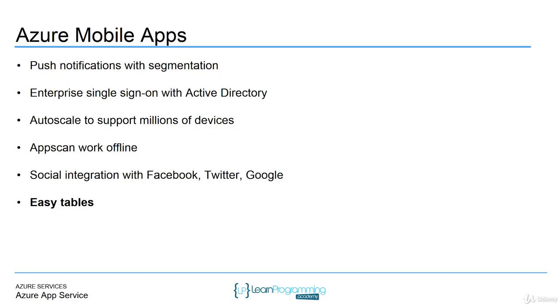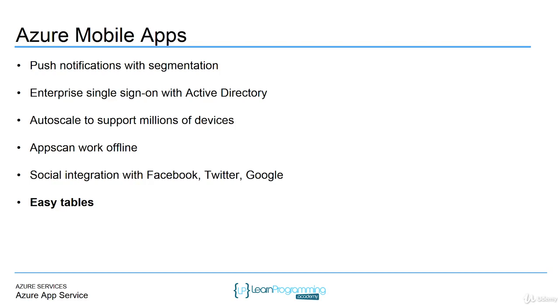We can make apps work offline with the help of SQLite in our applications and syncing between SQLite and the Azure Mobile Apps tables. We can also integrate social with Facebook, Twitter, and Google. And the main feature that we're going to be working on, we can have database tables available so we can use these databases in our applications.